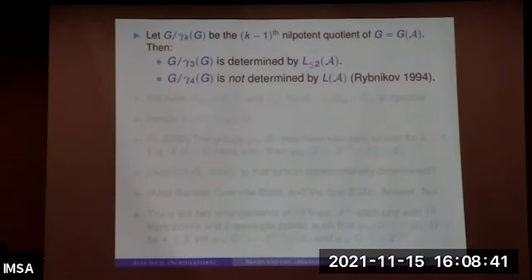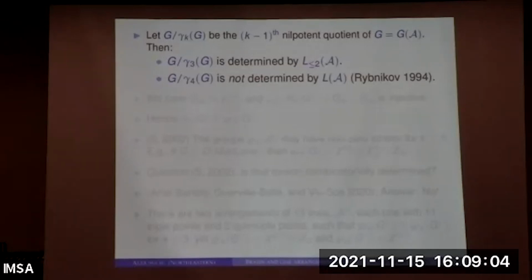The G mod gamma 3, it's a two-step nilpotent, and so on. The first interesting nilpotent quotient, G mod gamma 3, that's completely determined by the intersection lattice. It encodes basically in a different way the homology, this 1 and 2.